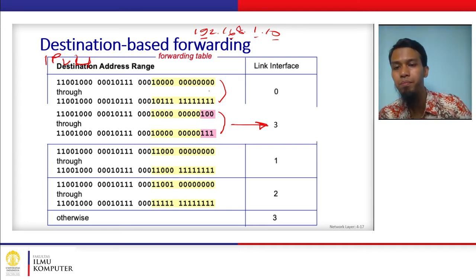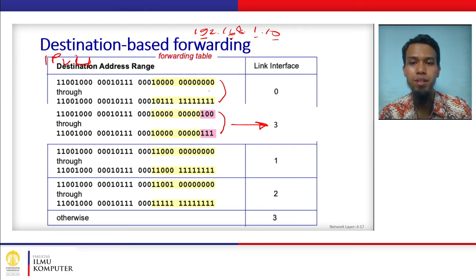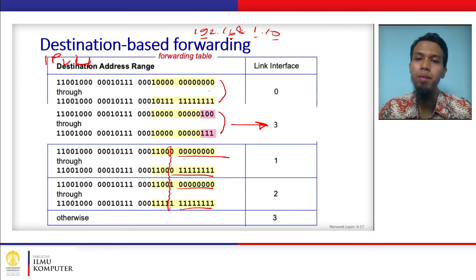In this case, we can still have this definition in our forwarding table, because the addresses are the same up to this point, but they differ in the next byte.